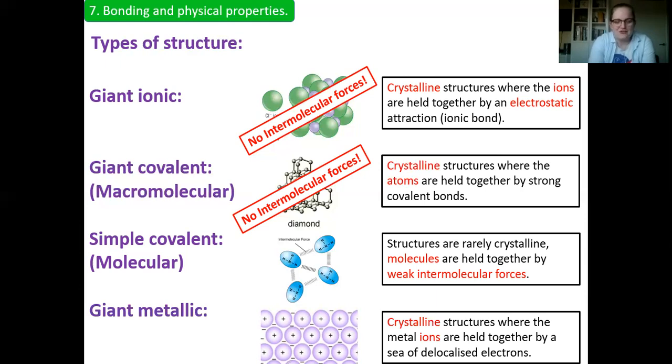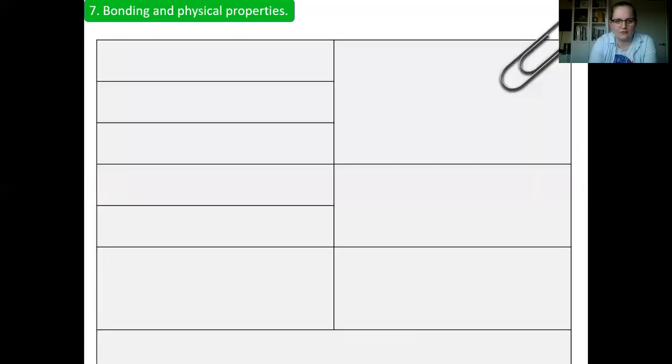They conduct electricity as a solid, unlike any of the others, but generally they don't dissolve in water. What would generally happen with a metallic structure is if it is mixed with water, it would make a metal hydroxide instead, and these have no intermolecular forces.